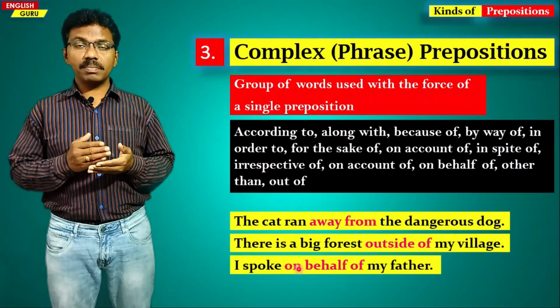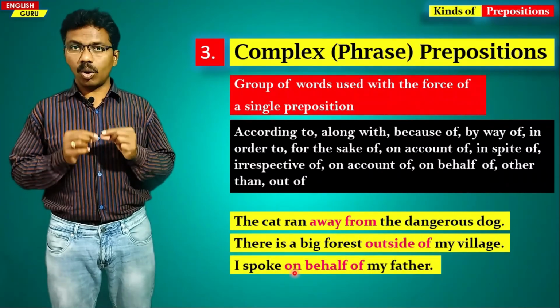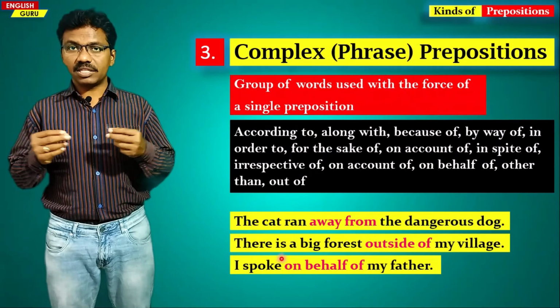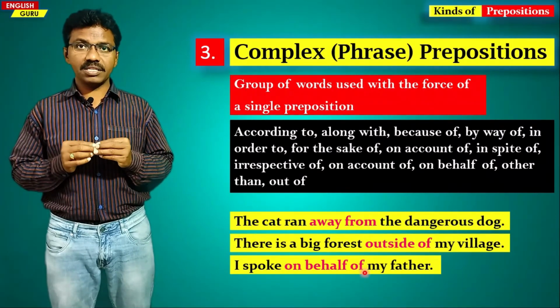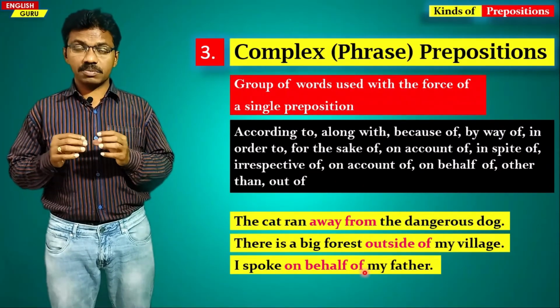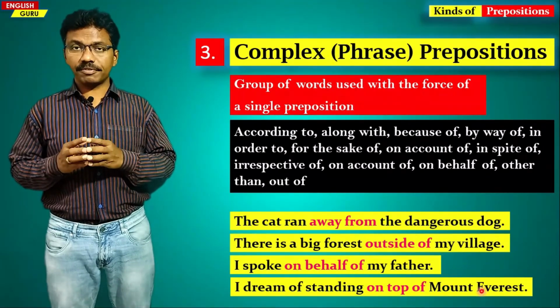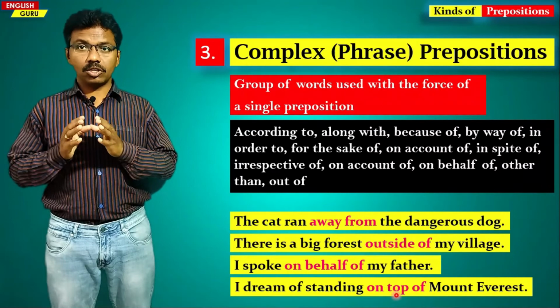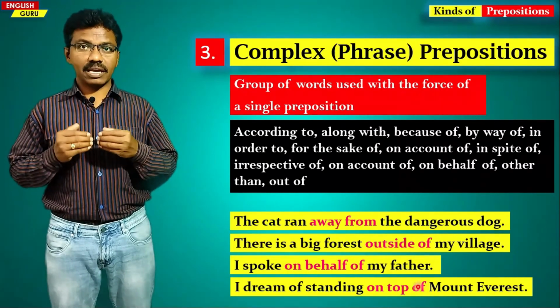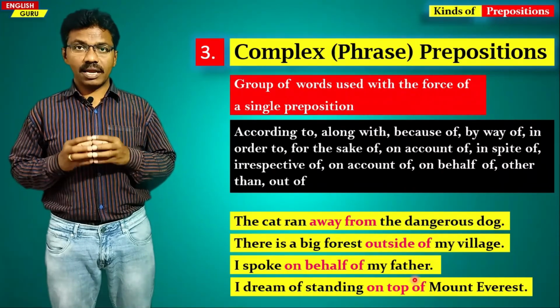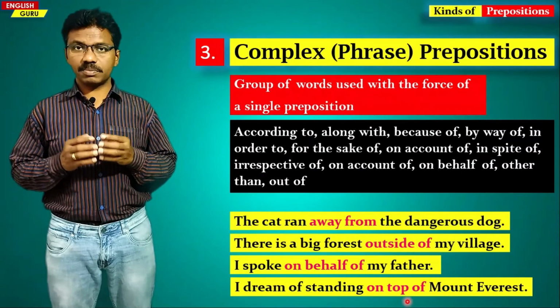I spoke on behalf of my father. On behalf of, three words combined as one phrase. It is a complex or phrase preposition. In the next sentence, I dream of standing on top of Mount Everest. On top of, three words as a single preposition, and this is a complex or phrase preposition.